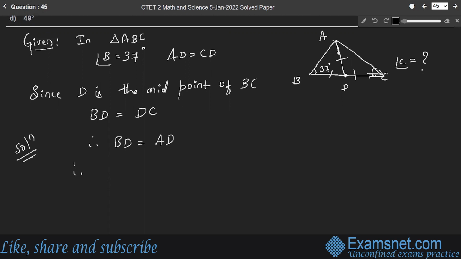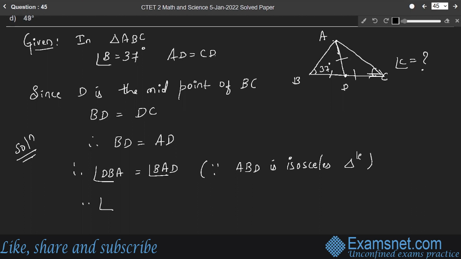Therefore, angle DBA is equal to angle BAD. So, angle B and angle BAD are equal because ABD is an isosceles triangle. Therefore, angle BAD is equal to 37 degree.